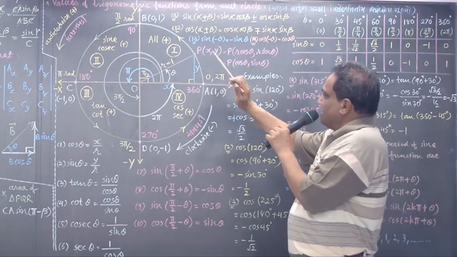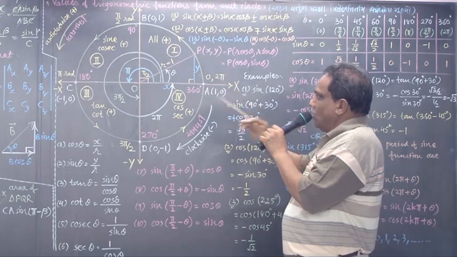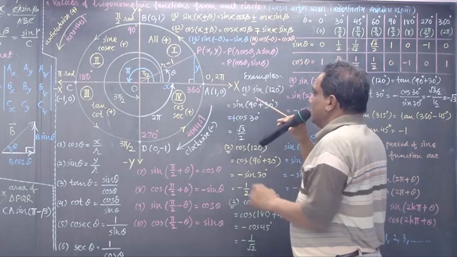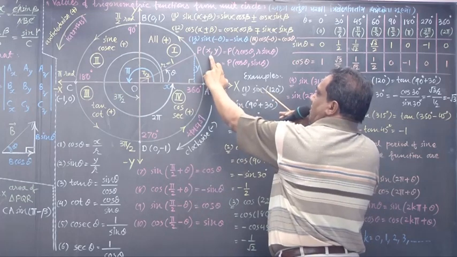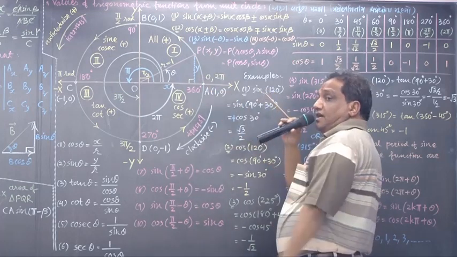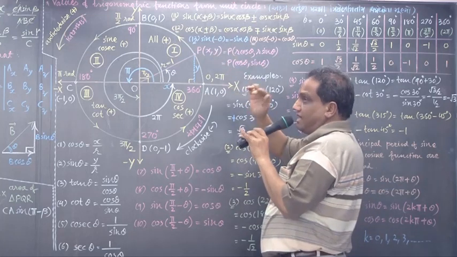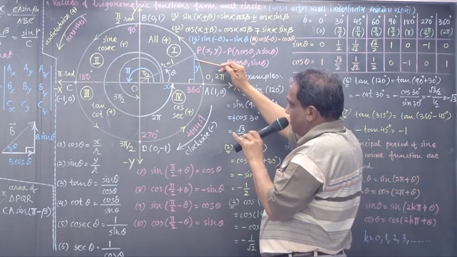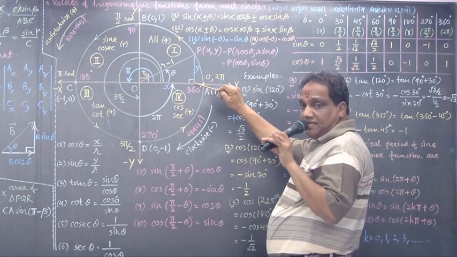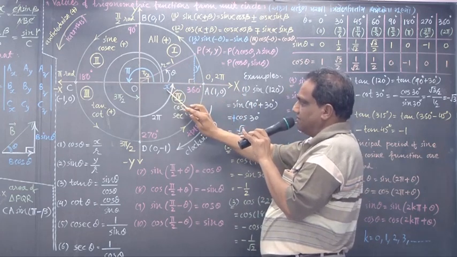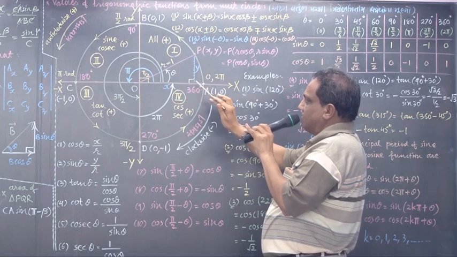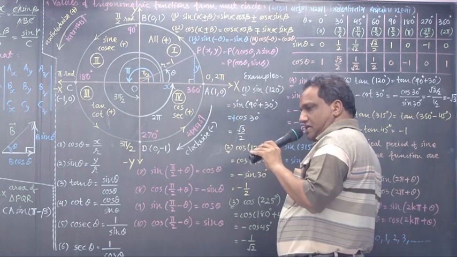Now, we select one point on this circle, say point P. It has two coordinates, x, y. How will you get the x coordinate? Draw one perpendicular. Then this much distance is going to give you the x coordinate, and this much distance will give you the y coordinate.